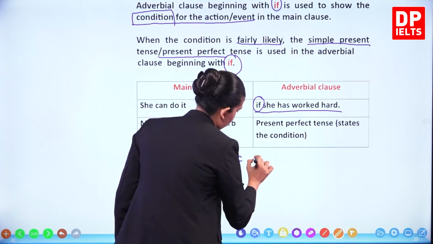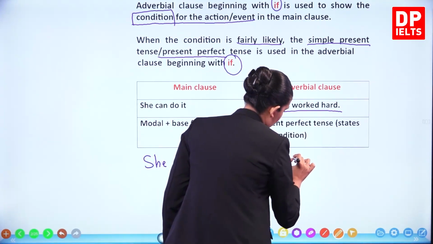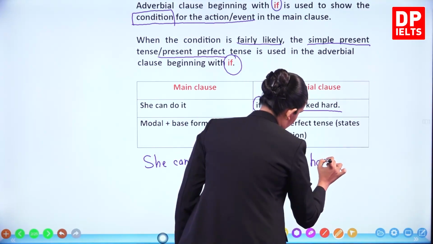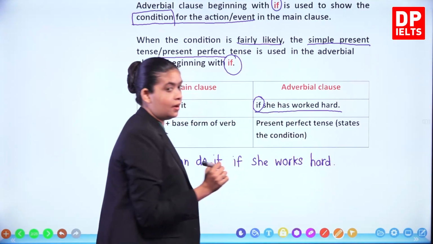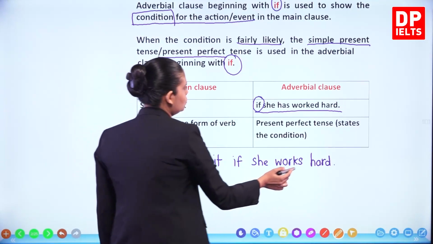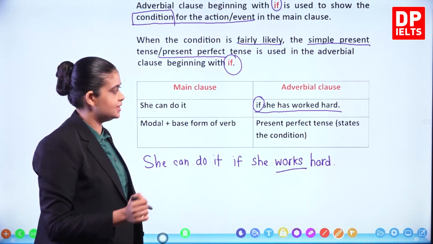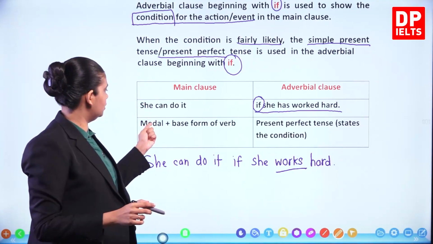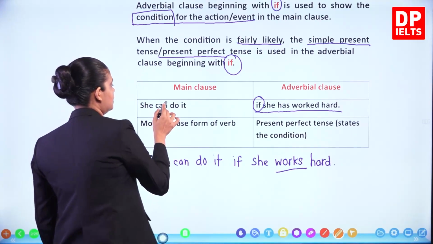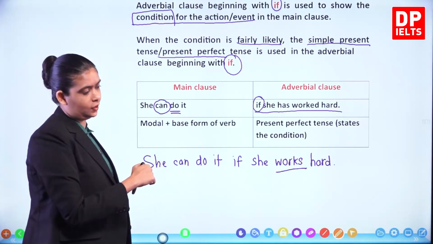if she works hard. Okay? So you could also use the simple present tense. Modal plus the base form of the verb, right? So can is your modal, plus the base form of the verb, and it comes in the main clause.